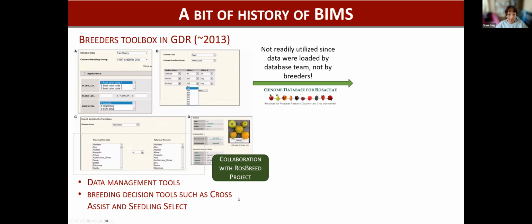But it wasn't really readily utilized, since all the data were loaded by us, not by breeders. So there was a gap between having the data and having it available in the database. So we made BIMS around 2016. This system allows data in and out by breeders. Once you have an account and know how to use it, you don't have to go through us.